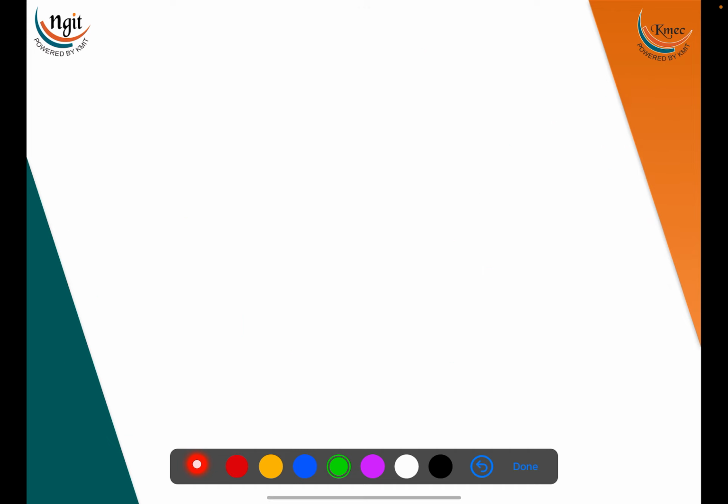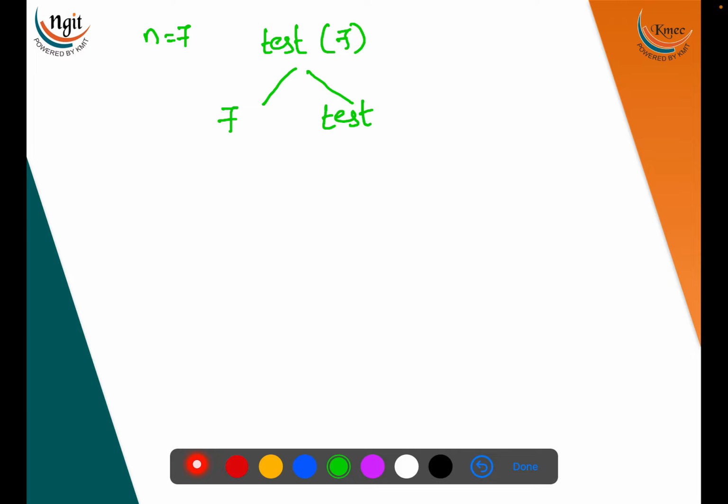Now we'll see the tracing tree. As far as the example is concerned, I want to take n equal to 7. Now the tracing tree is this: test(7). When test(7) runs, the value 7 appears on the screen because we wrote the printf statement. Now test(6), 6 gets printed.